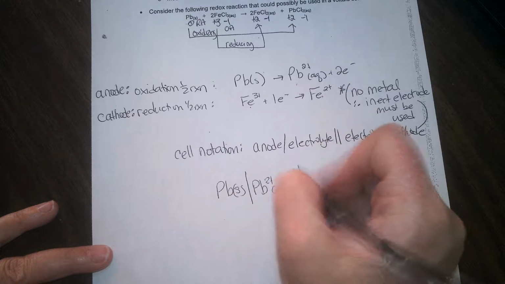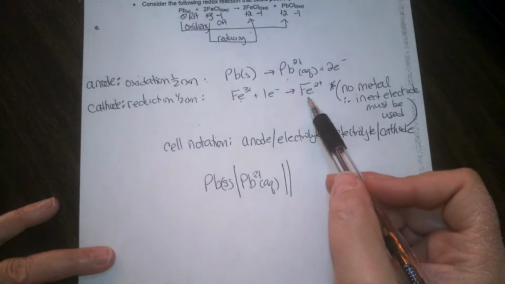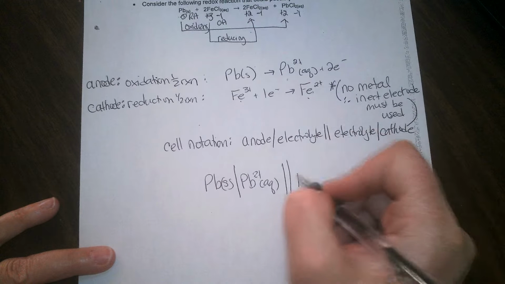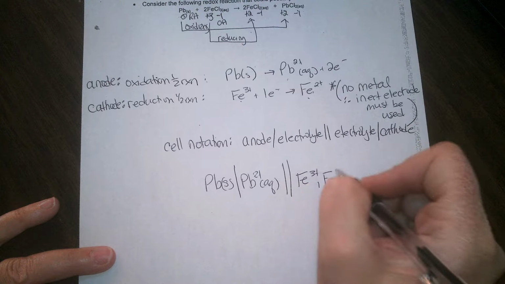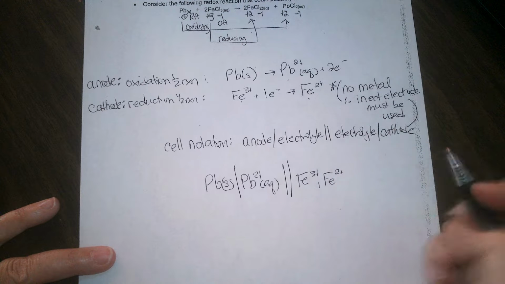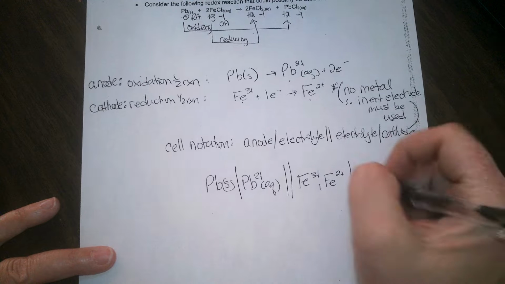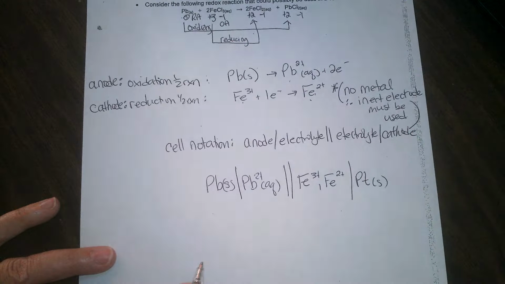My salt bridge or my porous cup. My electrolyte here. Yep. And iron 3 plus. We're going to have both of those in solution. And because I have no metal, let's use platinum as a solid.